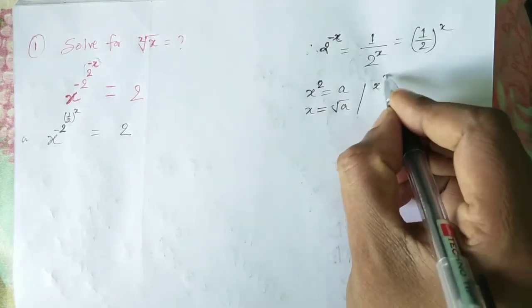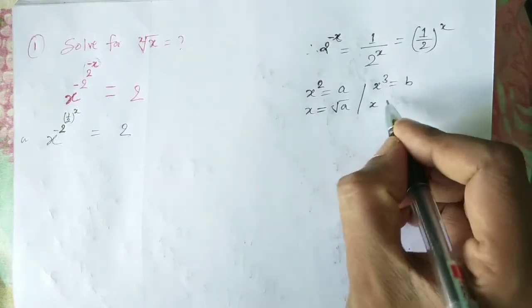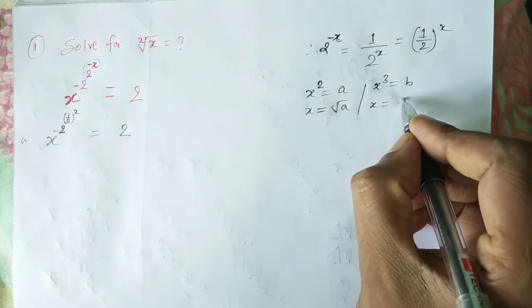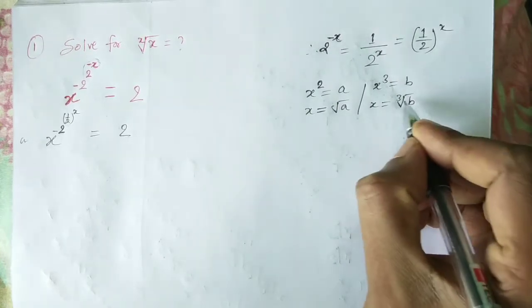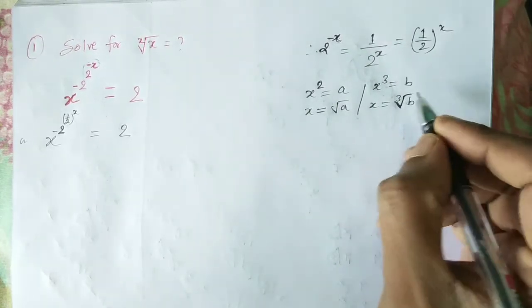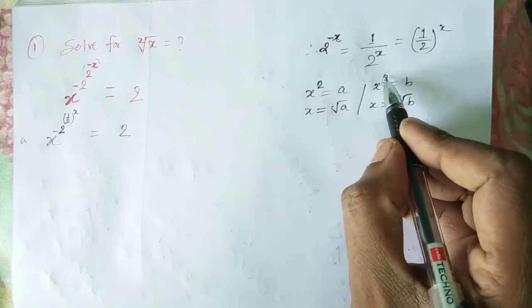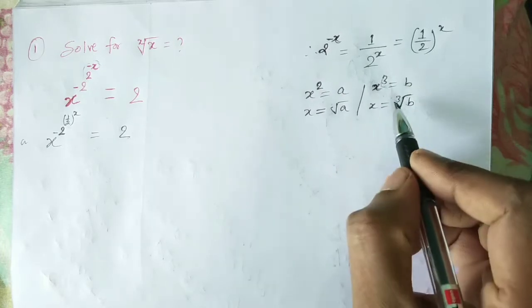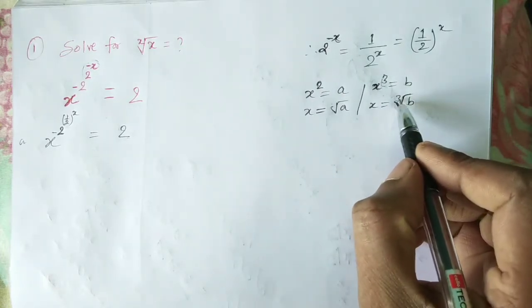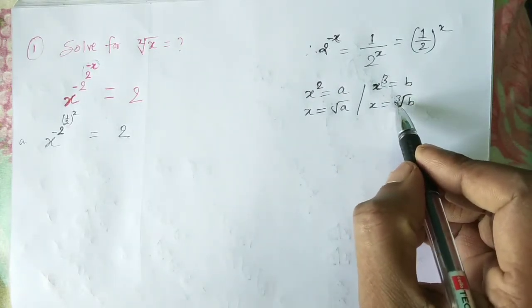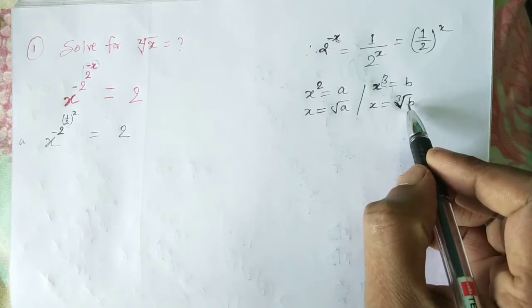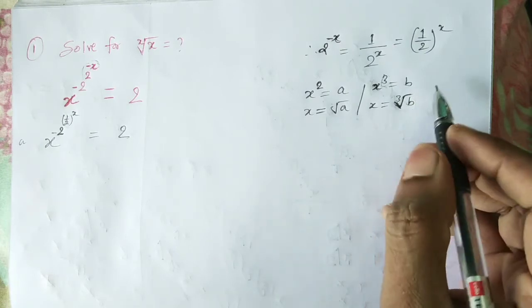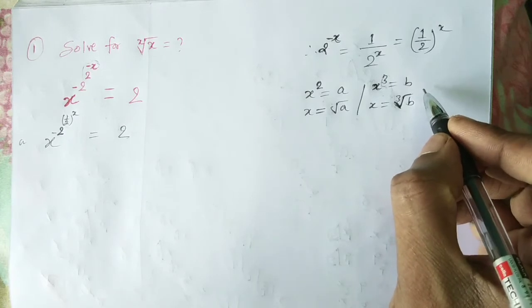Or if we have x cubed equal to something b, then x is equal to the cube root of b. So if we remove the power from here, then this power will be written as the degree of the root.